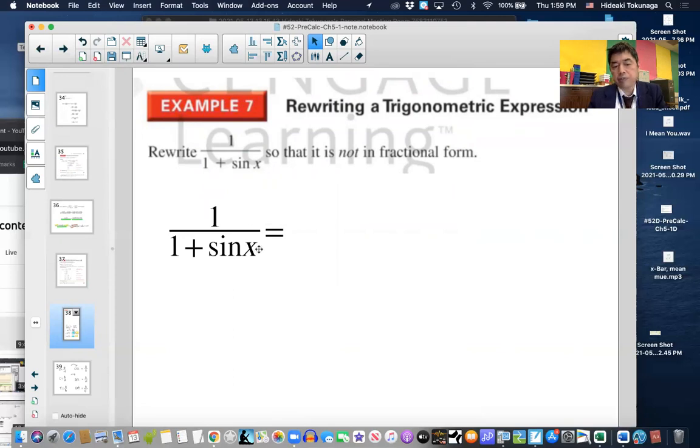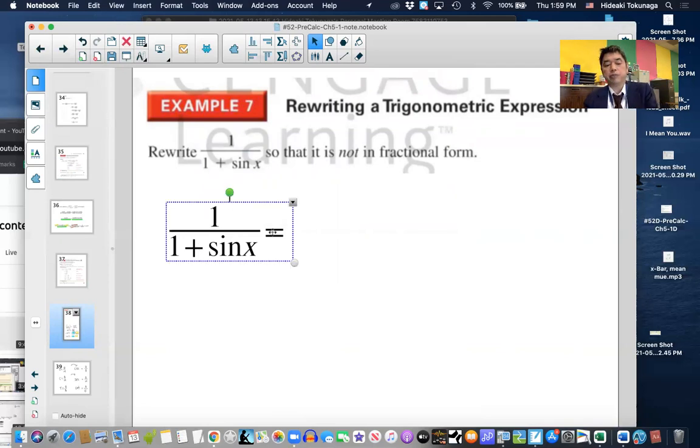If you want to get rid of this, let's see. There are many ways you can do it, but if you want to have a different denominator, what is the best denominator to get rid of this?